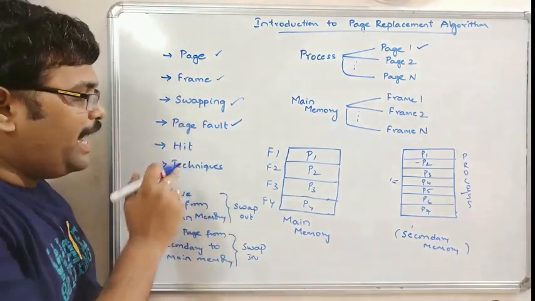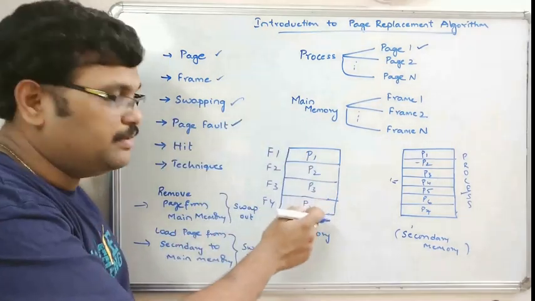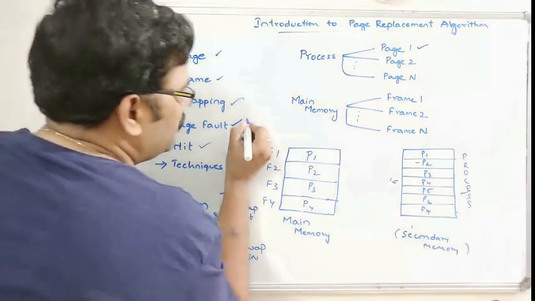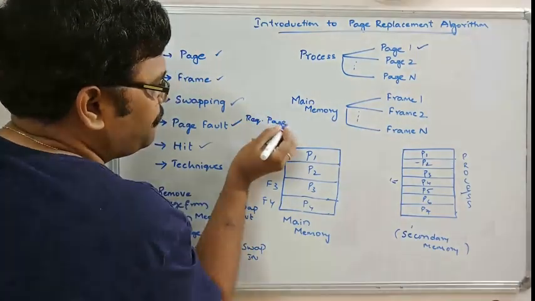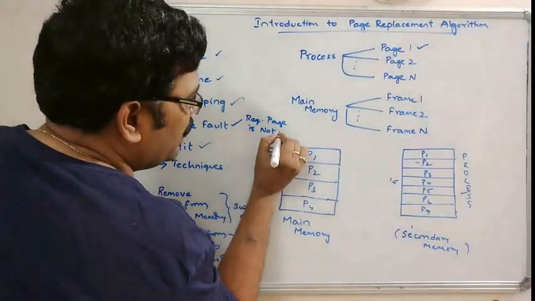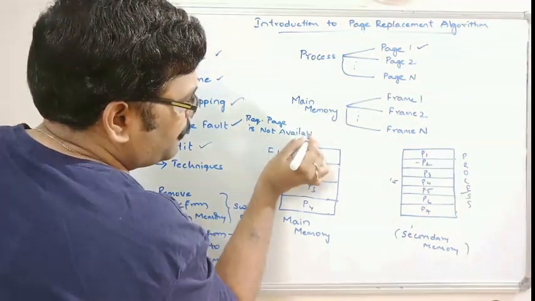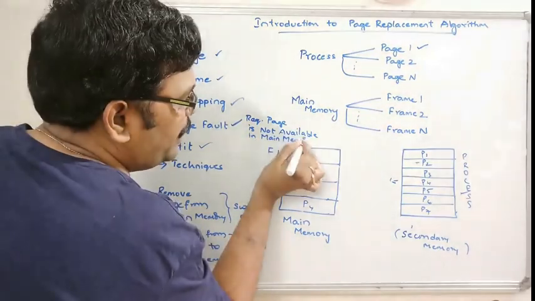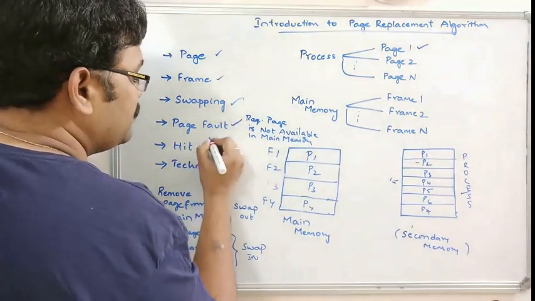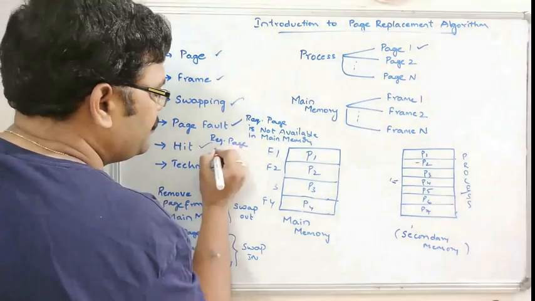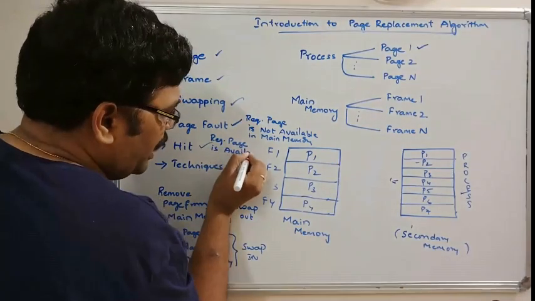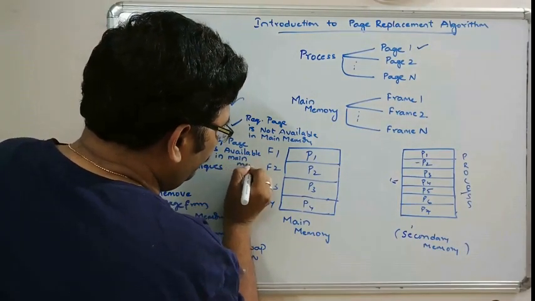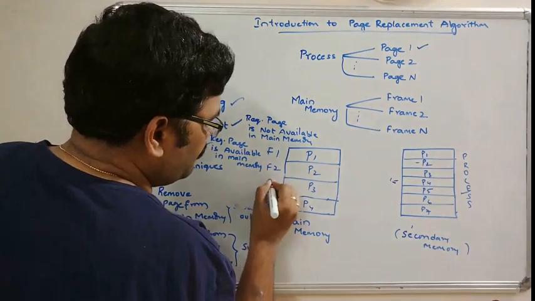And if the required page is available in main memory, that is called a hit. Hit means the required page is available in main memory.